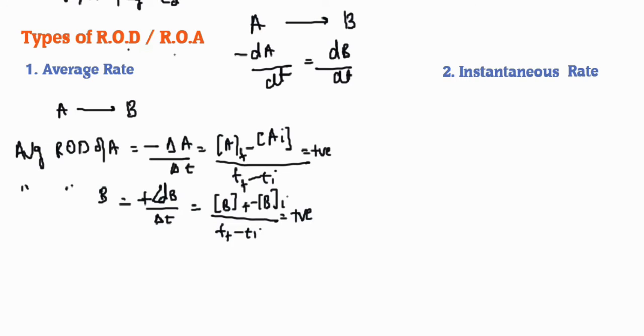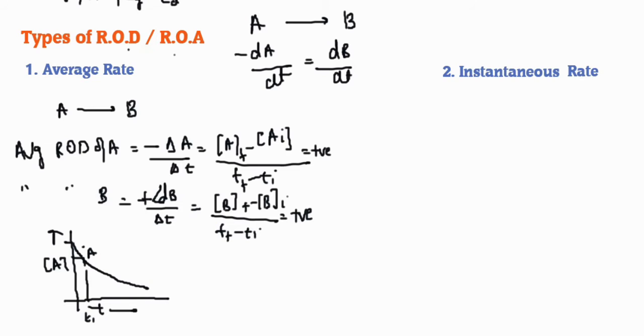So if we see a curve, this type of curve, if a reaction is going like this, and we talk about the concentration of A versus time T. At time T1 it is A1, at time T2 it is A2.